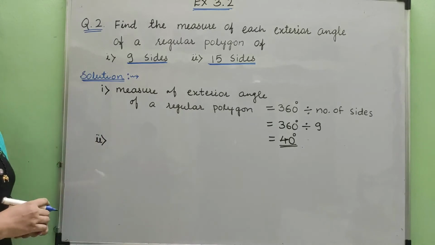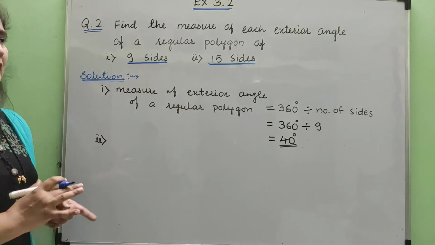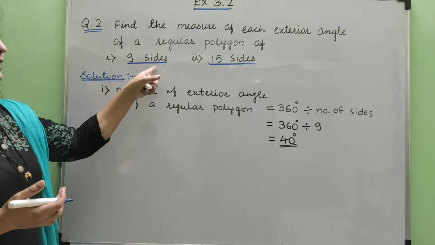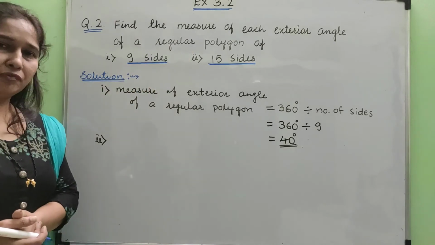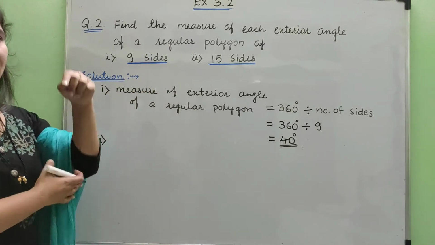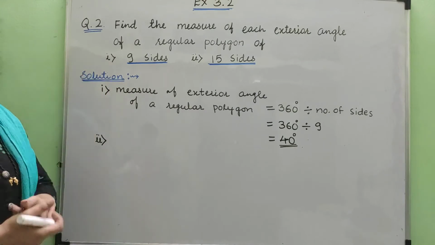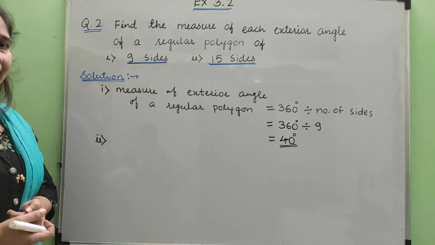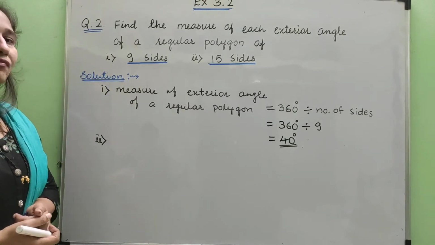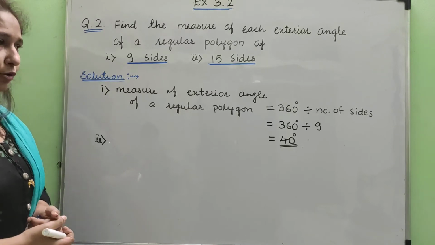Now check with the second. The question is the same, just instead of 9 sides, now they have given 15 sides. The same formula is applicable for the second also. You need to find the exterior angle of a 15-sided regular polygon.